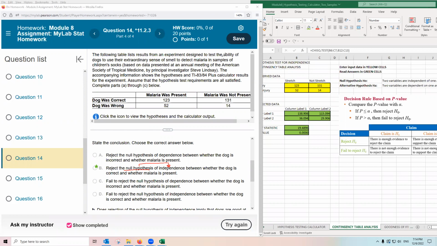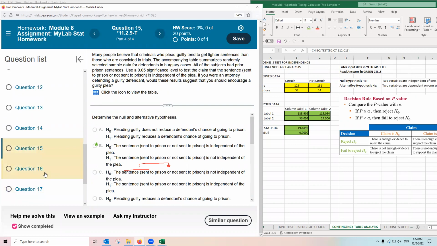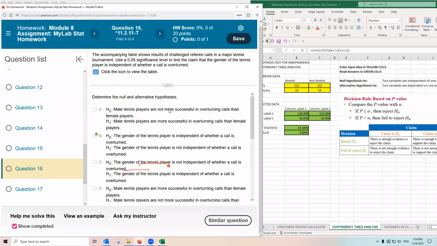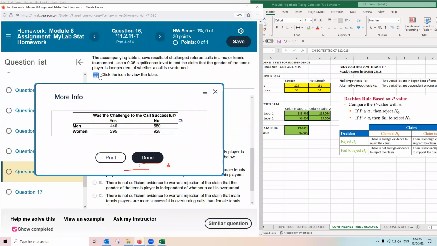All right. I think there are some other examples here of what's called a goodness of fit test. Let's see what this one is like. Oh, so this one is, let's do one more. This is a contingency table.